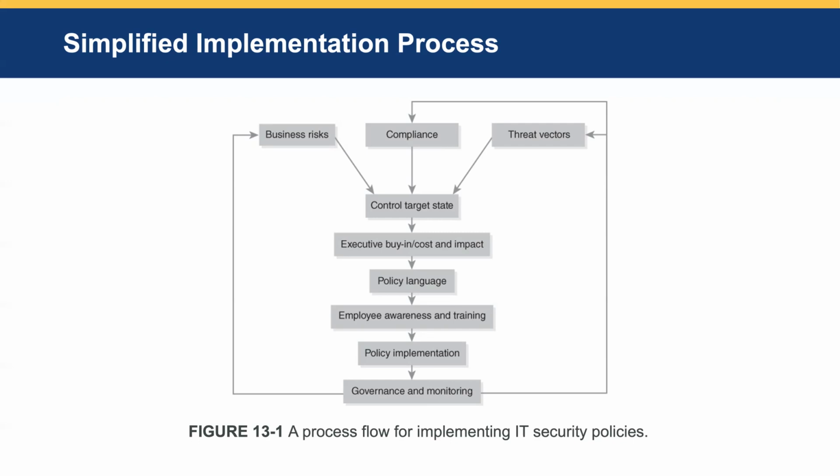Developing a simplified implementation process can be a major project for an organization to undertake because it needs to include a detailed IT security plan that ensures business risk, cyber threats, compliance requirements, policy changes, employee awareness, training, policy implementation, and governance factors are in place. This can be a difficult undertaking for an organization.